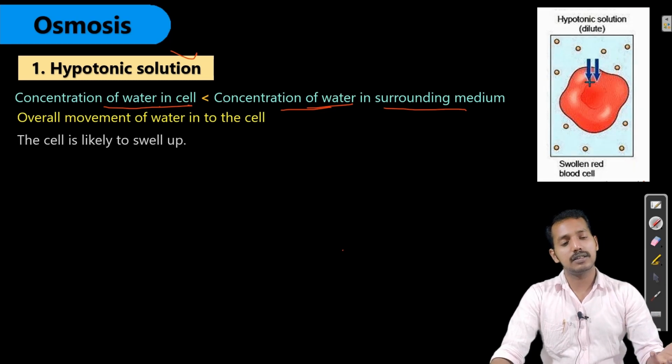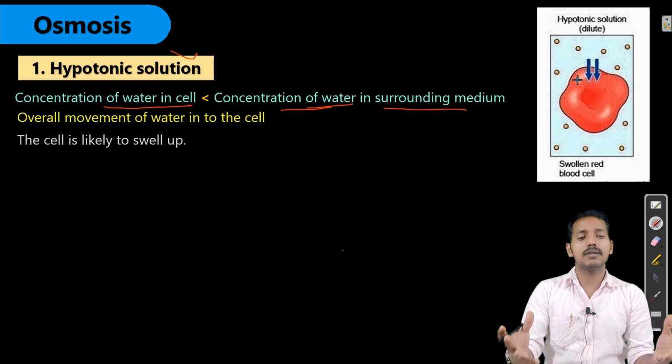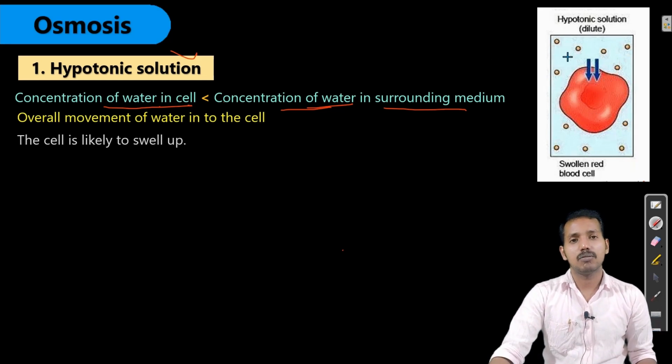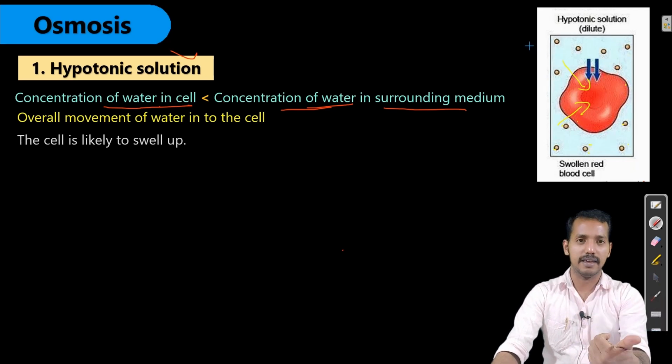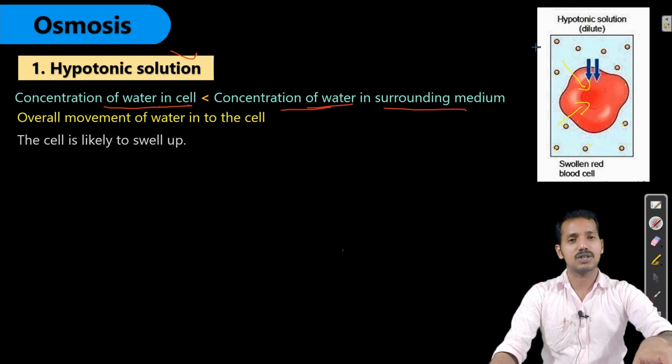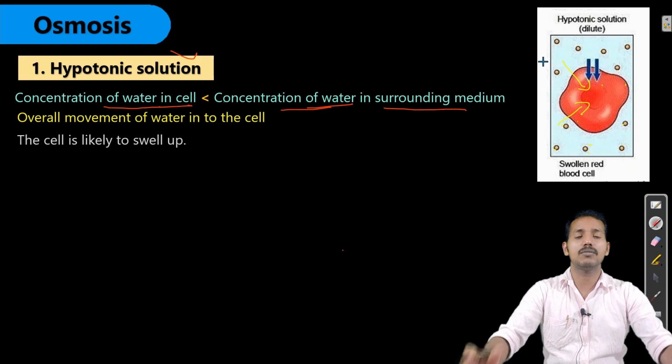In this picture you can see that this blood cell has swollen because water molecules are entering into the cell. You can see the concentration of solute particles is less, which means the concentration of water is high compared to the concentration of water inside the cell. So water will enter into the cell, and the cell will become swollen.